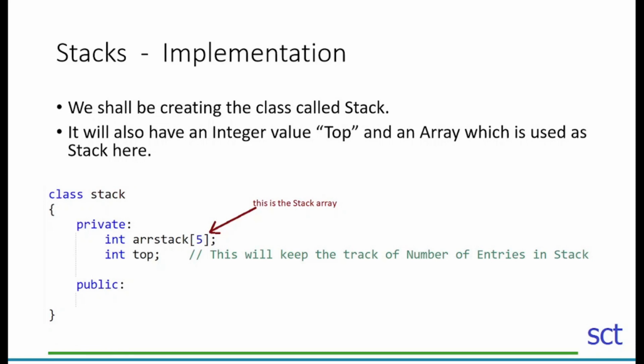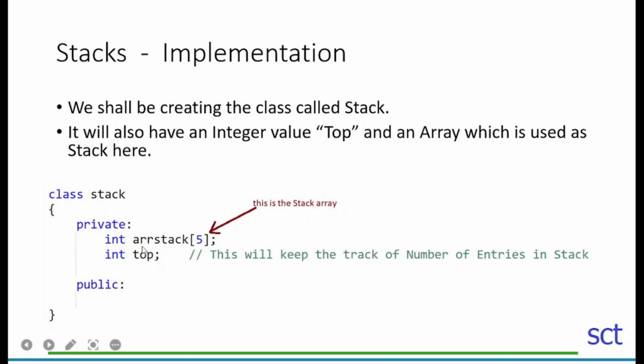Okay, so first for the implementation, let us create a class called Stack, and you have 2 private members here. One is going to be the top, which I have already mentioned in the previous slide, which will always keep track of the number of entries in the stack. And basically this is an array, and under this particular array the stack is going to get implemented.